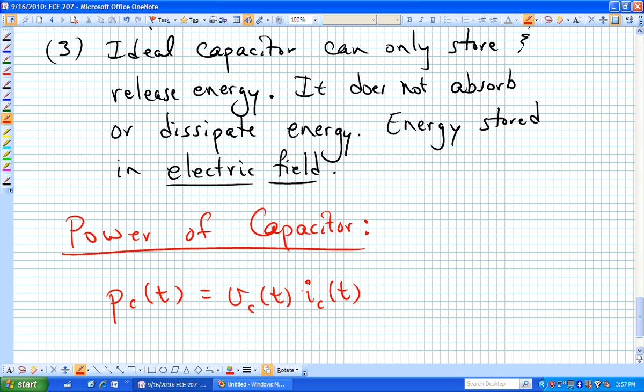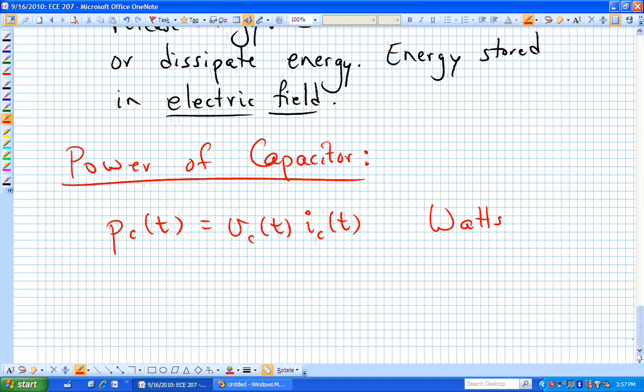Again, with that picture that we've already sketched that shows us how the current is going into the positive terminal of the voltage on that capacitor. What are the units on that power? Watts. That hasn't changed. But now we can create some more interesting expressions for that power formula.